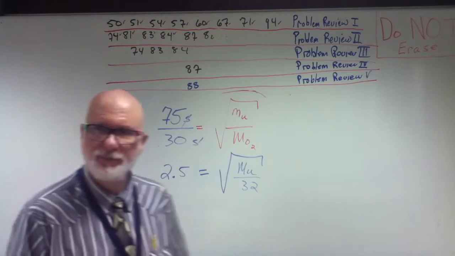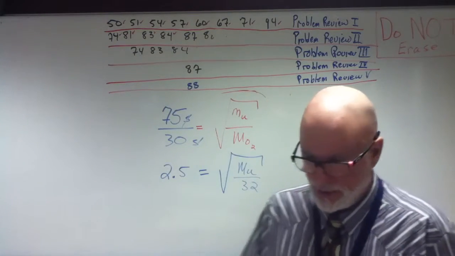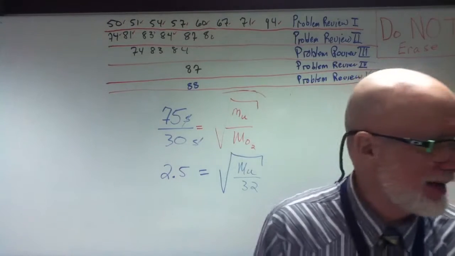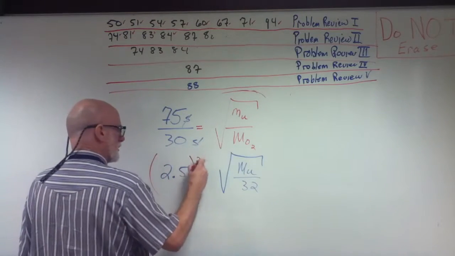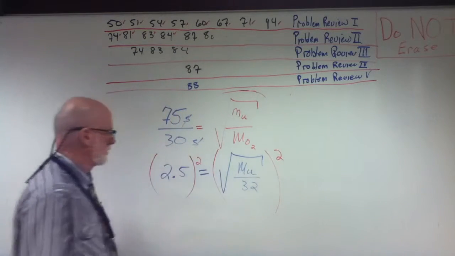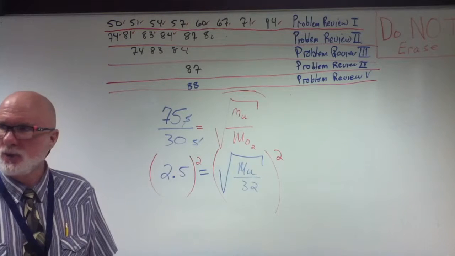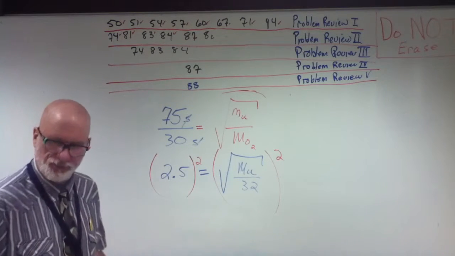Are we all right with that? So now what I want to do is square both sides. Do we know what that means? What's 2.5 squared? 6.25, right?